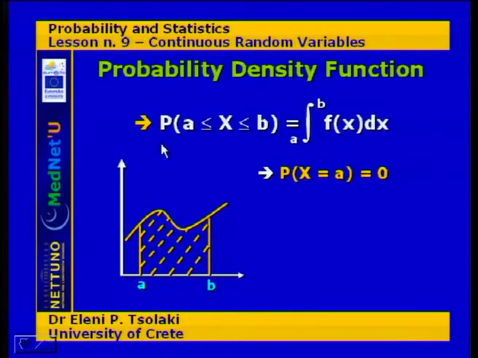So by calculating the probability that x is between a and b, we actually calculate this area. The probability that x is a, as we said before, has no meaning for continuous random variables. So the probability that x is a for continuous random variables will be 0. And actually the probability of x equals to any number for continuous random variables will be 0.